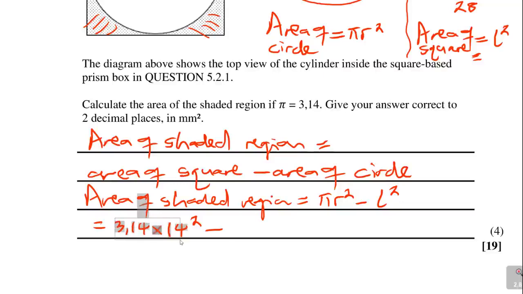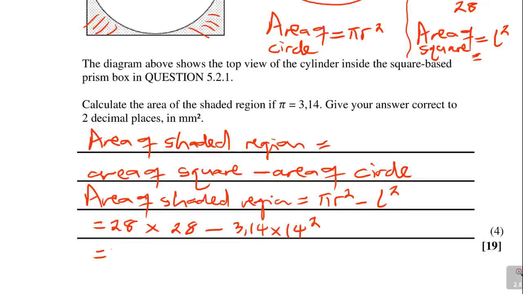This is supposed to be after. So remember it's area of square. What is the area of square? It's L squared, which is 28 times 28 minus pi r squared, and then the calculator gives you the answer.